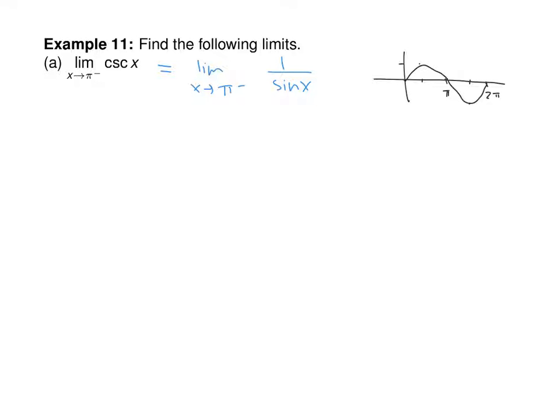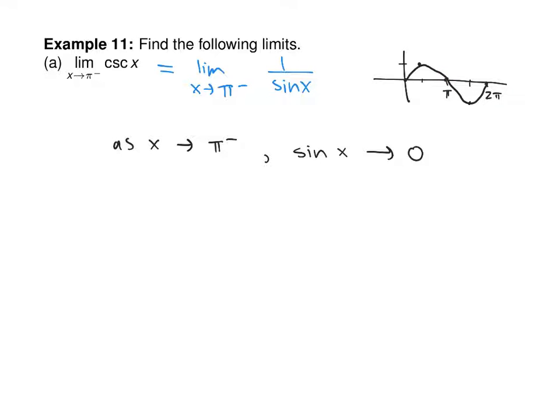So the problem here is that sine of pi is 0, right? So as x goes to pi from the left, sine of x goes to what kind of 0? Does it go to a positive 0 or a negative 0? You can tell that from the picture, actually. You're approaching pi from this side, right?